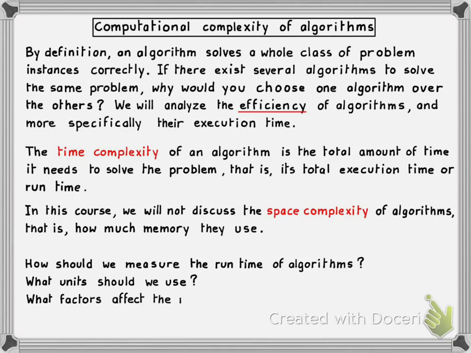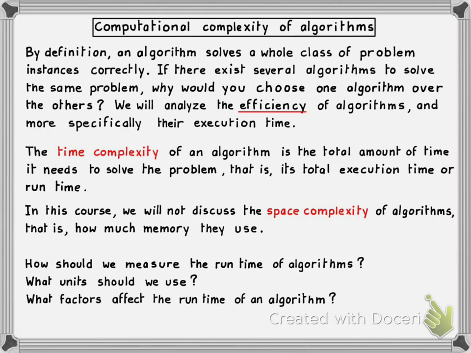Now, this view is a little bit too simplistic. We should really ask ourselves, what factors affect the runtime of an algorithm? And it turns out that there are many factors besides the algorithm itself. In particular, it's typically not possible to execute the algorithm directly. It must be first translated into a programming language.